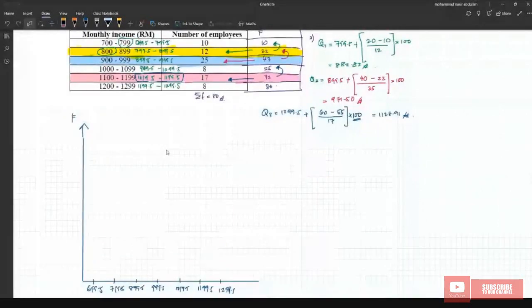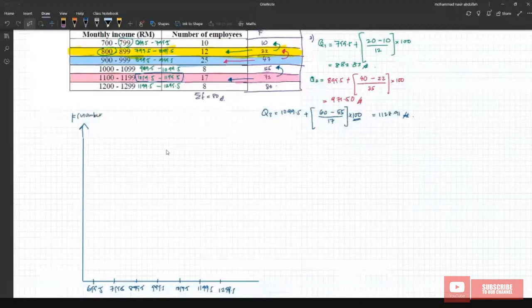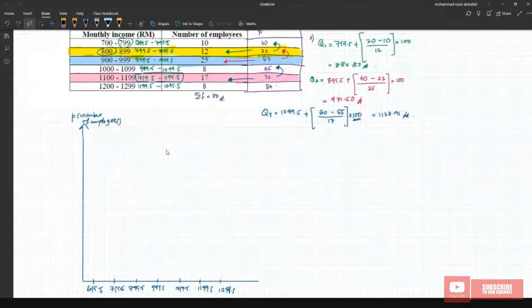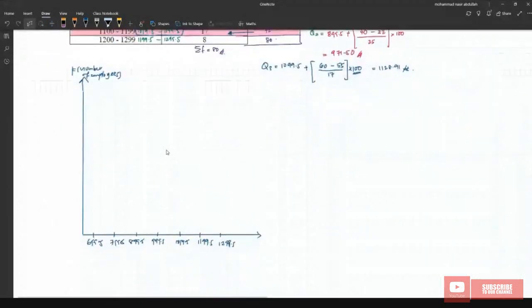Cumulative frequency represents the number of employees, right? The class boundary represents monthly income, right?